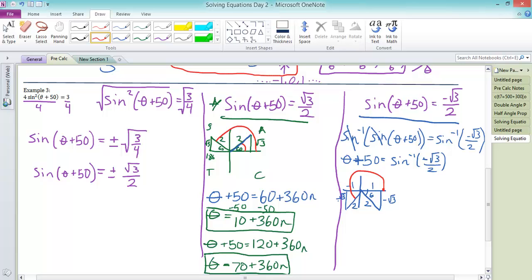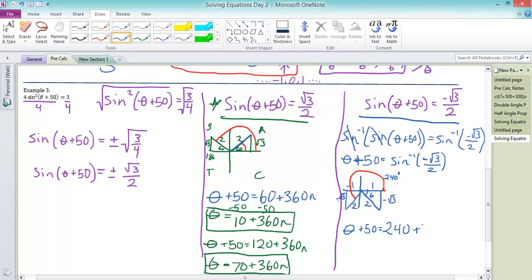So it's going to be 180 plus 60. So we have theta plus 50 is equal to 240. So this is 240 degrees, that measure right there, plus 360n.